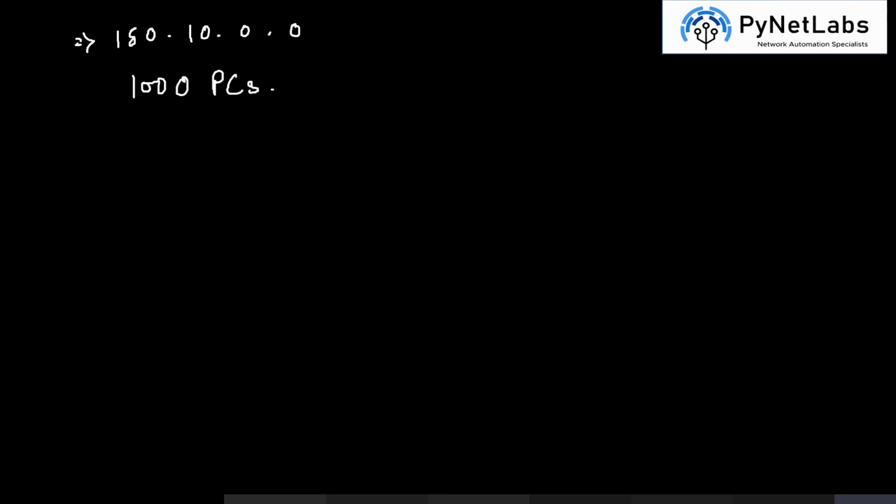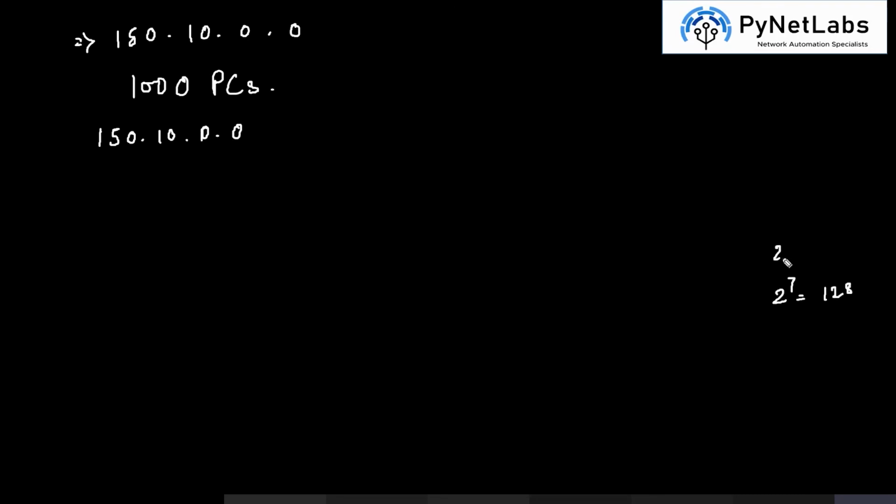Let's calculate the same and you guys can verify your answers from that. So we have the network ID of 150.10.0.0. Now we will quickly look at the formula which we discussed. 2 raised to the power 7 was 128.